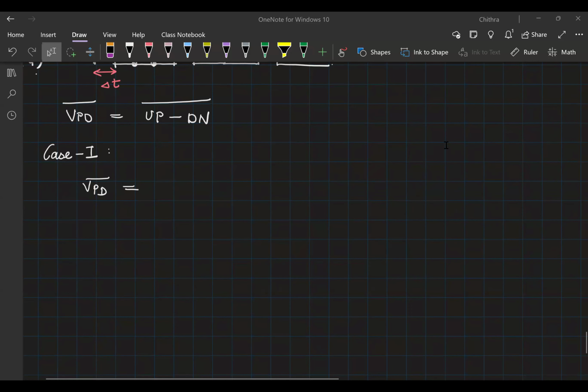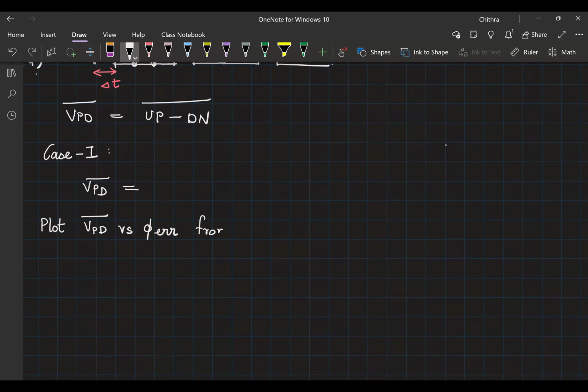Plot the VPD average versus phase error from minus 2 pi to plus 2 pi, and identify the monotonic range.